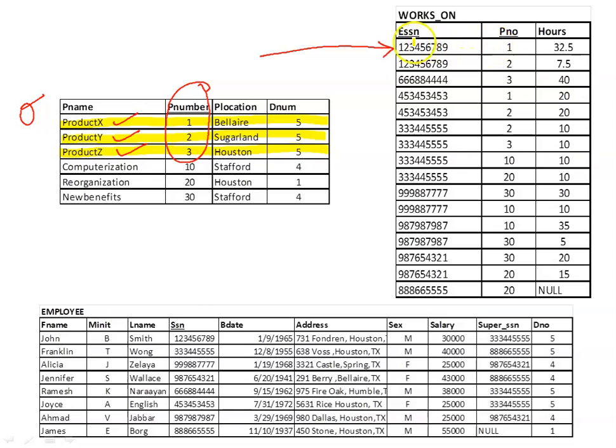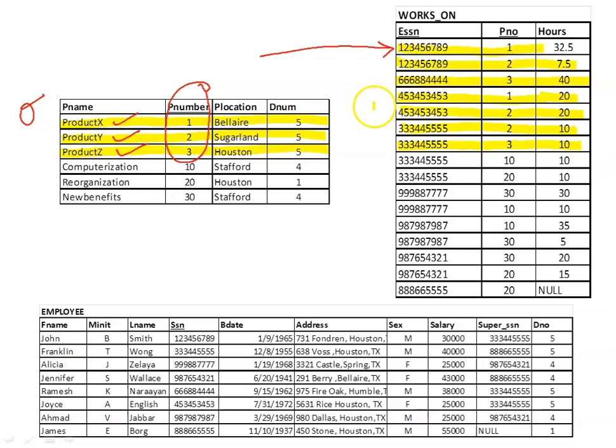You see that this particular employee works on project 1 and also works on project 2, but is not working on project 3. This employee works only on project 3. This employee is also working on 1 and on 2. Whereas this employee works only on project 2 and project 3.